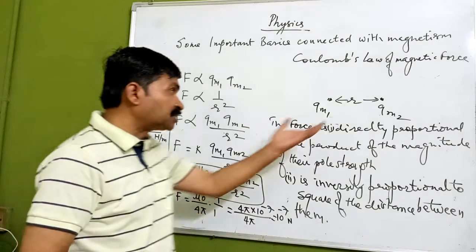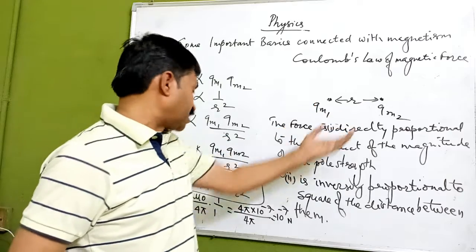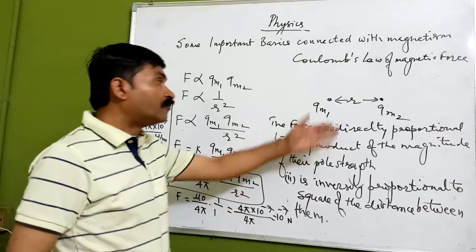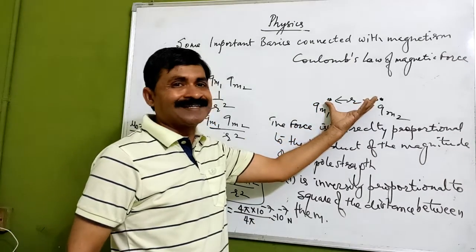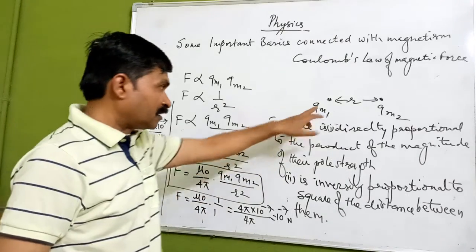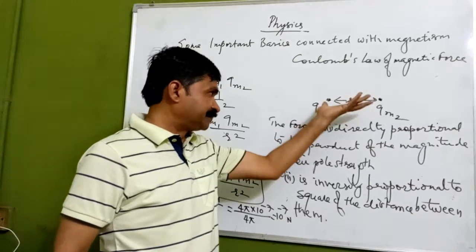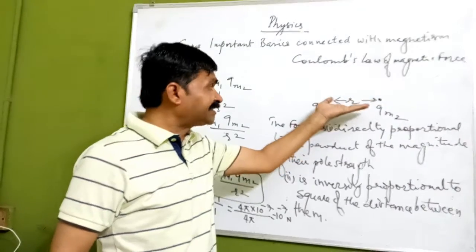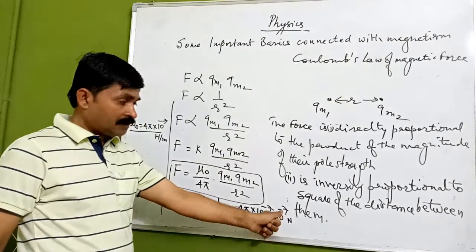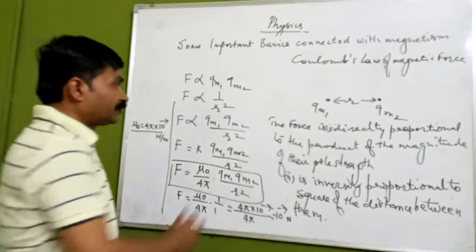The force acting between two poles of unit pole strength is 10 raised to the power minus 7 Newton when separated at a distance of 1 meter. So we can define the unit pole strength in terms of the force, with mu naught being the permeability of free space.